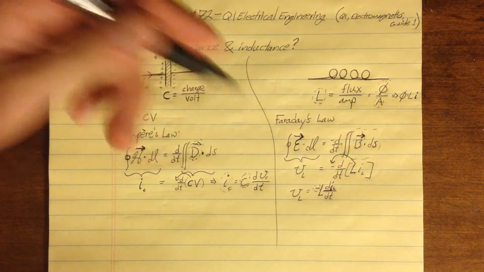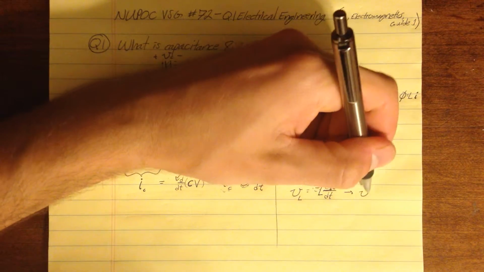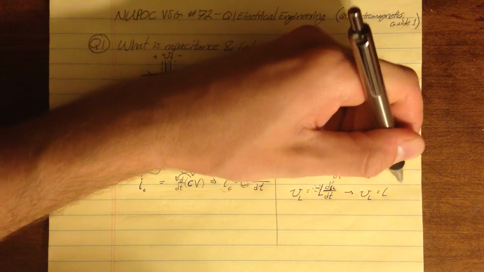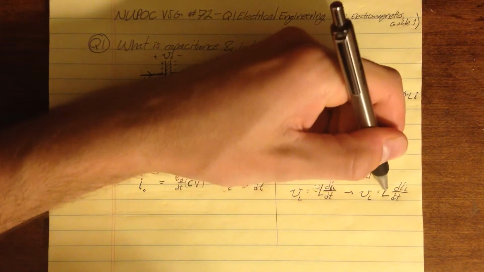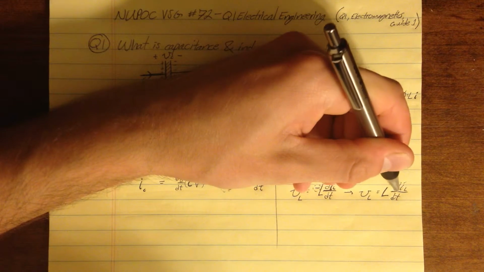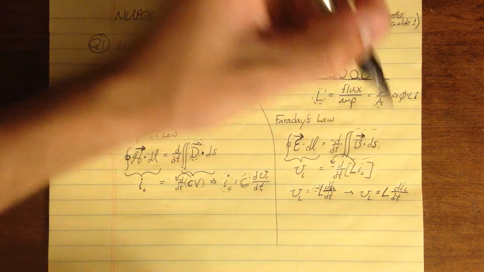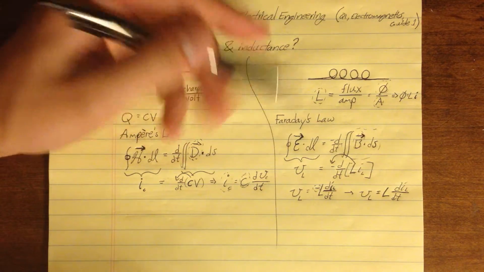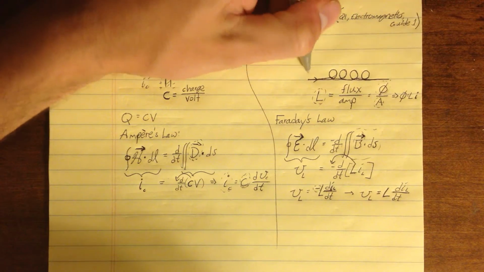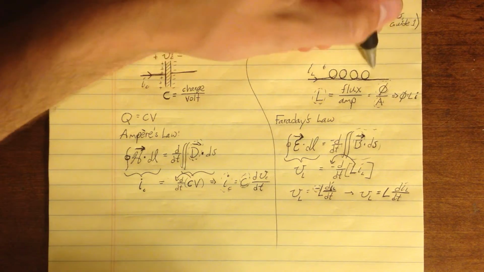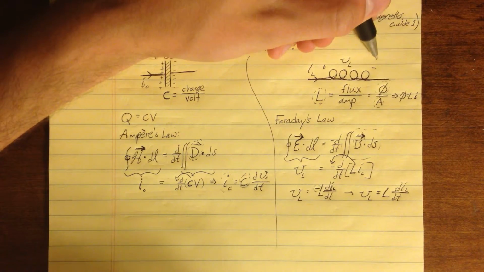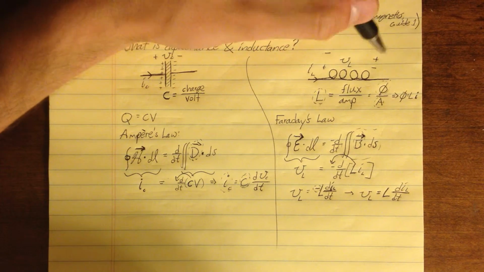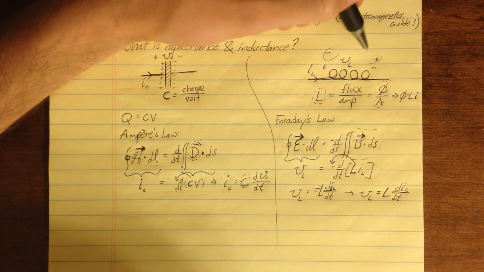But typically, you'll see this written as VL equals L dIL/dt without the negative sign, because in a lot of textbooks and classes, we just take the opposite convention from Faraday's law. So we say if this is IL, then this is positive VL. But by Faraday's law, we would actually say that this is positive VL.